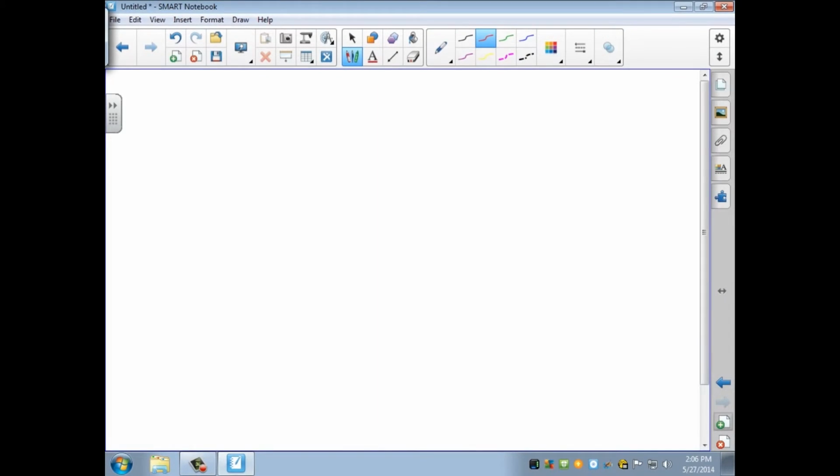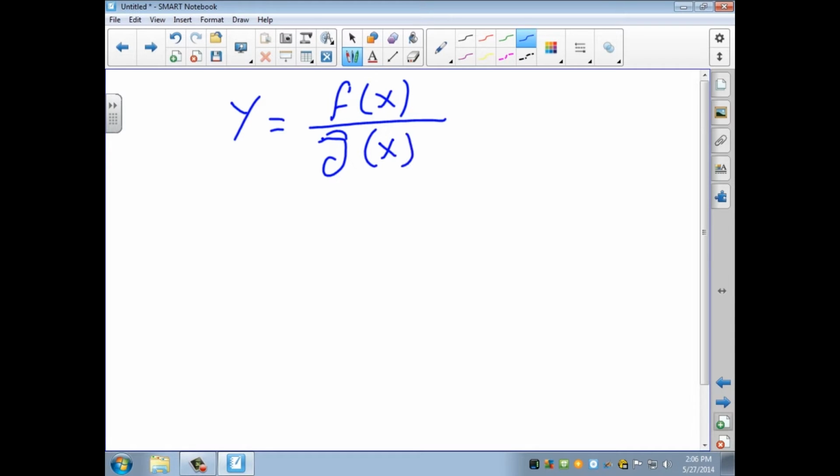If you have two functions dividing by each other, so this is another rule. Y is some f of x divided by some g of x, two functions divided by each other.